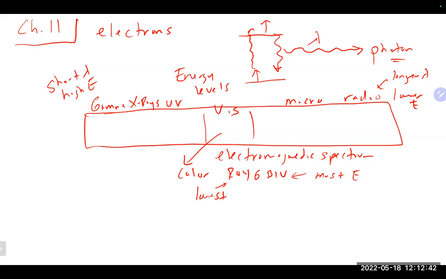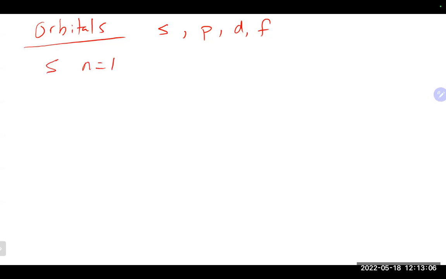This led us into really a talk about where we find electrons in the atom. And ultimately, we find electrons in what are referred to as orbitals. And there are different types of orbitals. There are s orbitals, p orbitals, d orbitals, and f orbitals. The s orbitals begin on the first energy level, n equals 1.